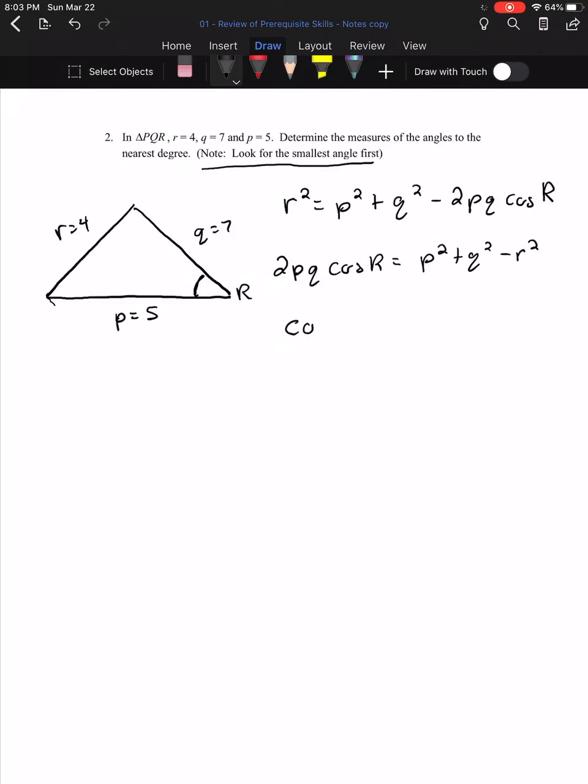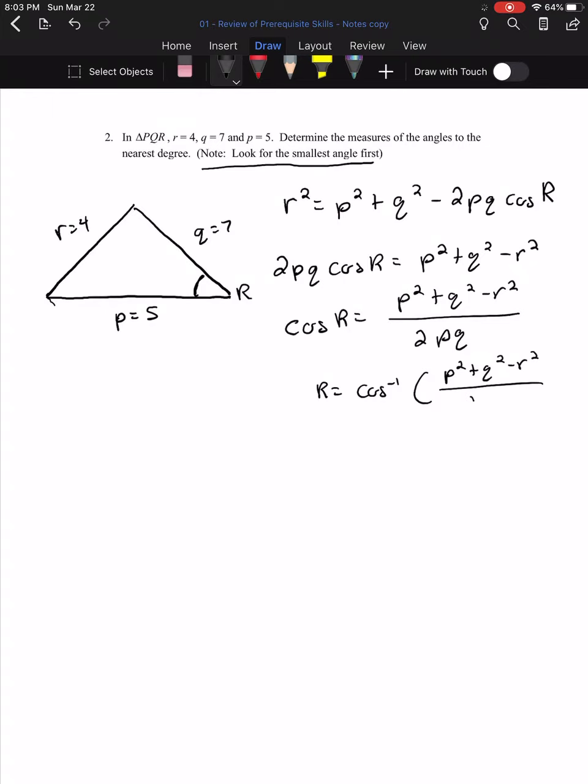And then isolate for cosine of r, and you get p squared plus q squared minus r squared over 2pq, or r is cos inverse of that big mess. And some classes, some teachers sometimes use this one directly, and you sort of memorize this, or you're given this thing directly, but it's just a rearrangement of the original cosine law.